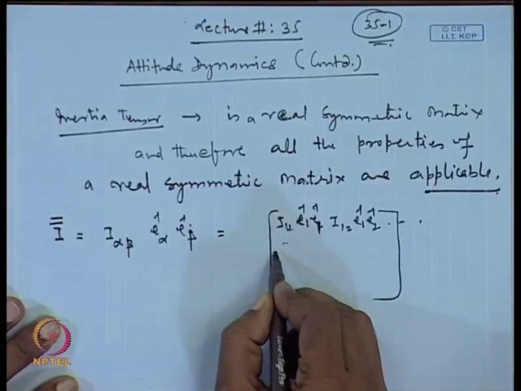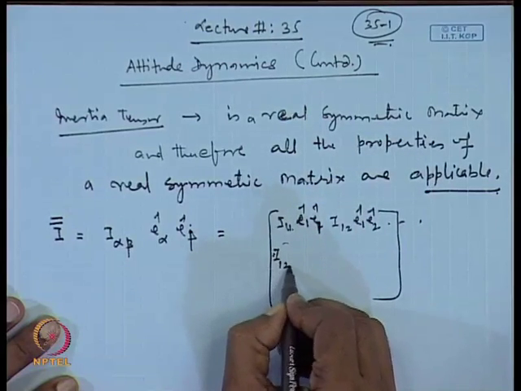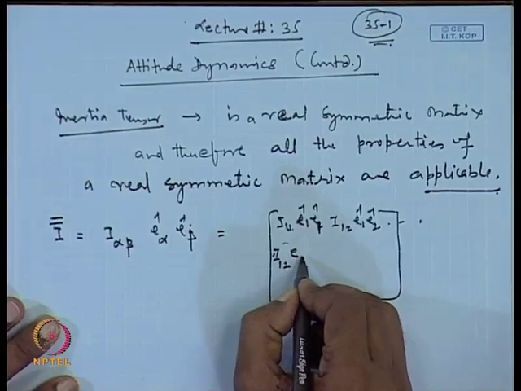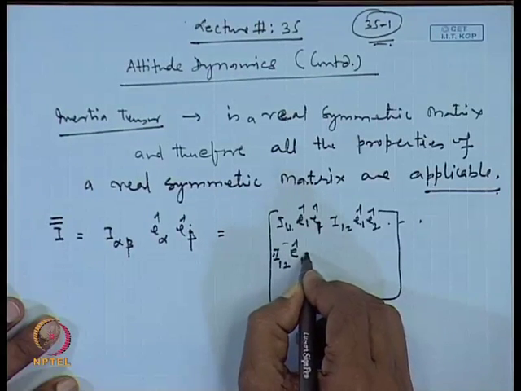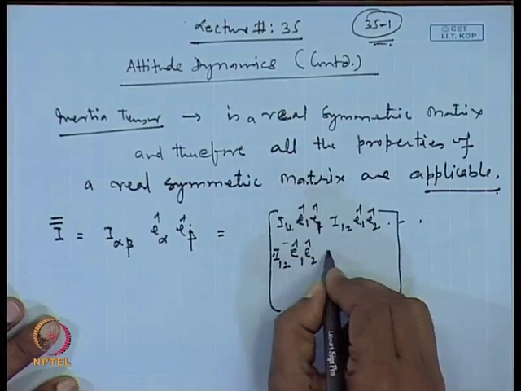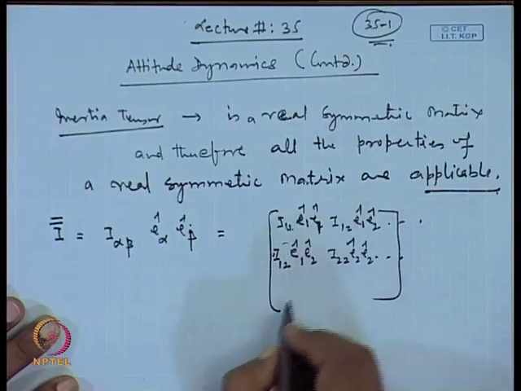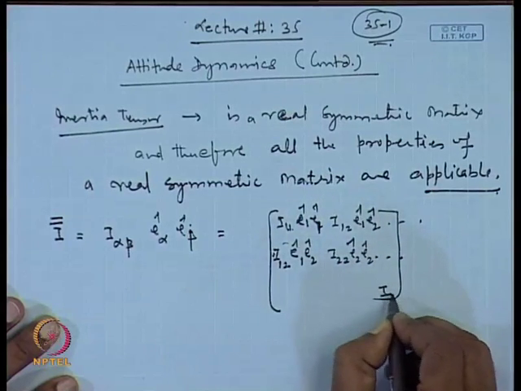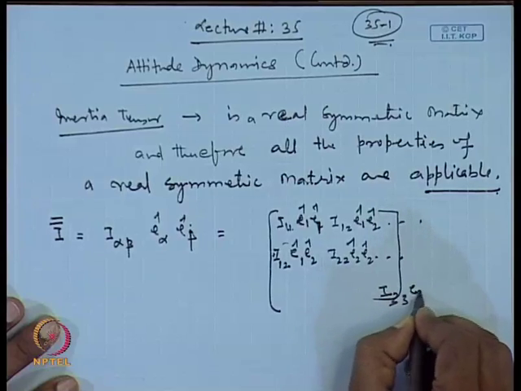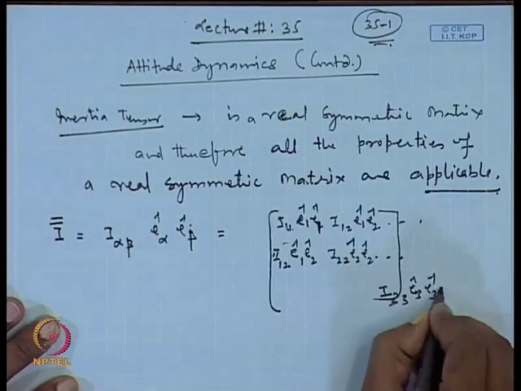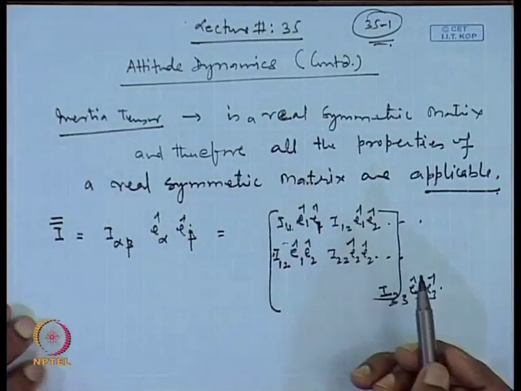Here in the next we had I 1 2 E 1 cap E 2 cap and then I 2 2 E 2 cap E 2 cap, so on. And the last entry here is I 3 3 E 3 cap E 3 cap.